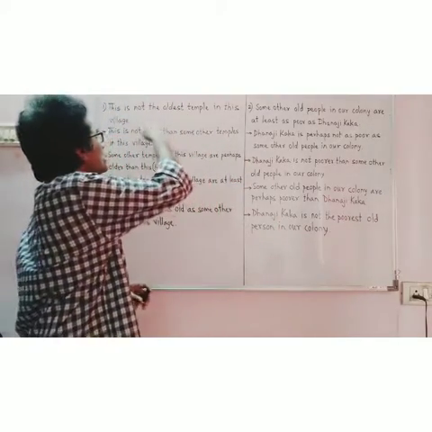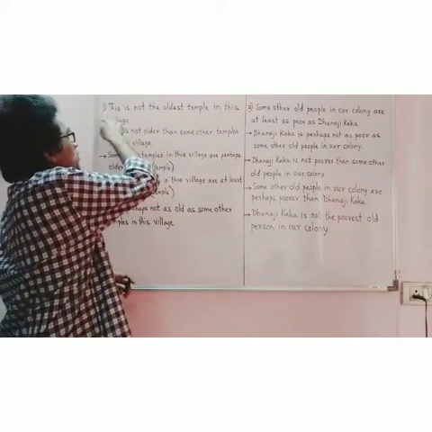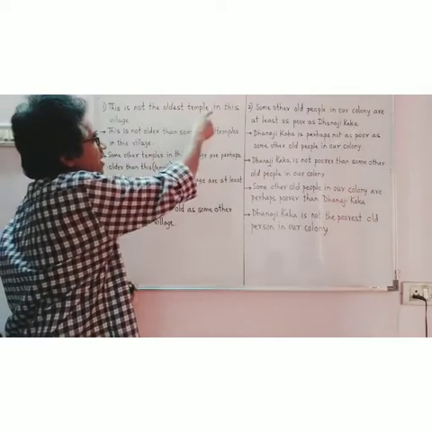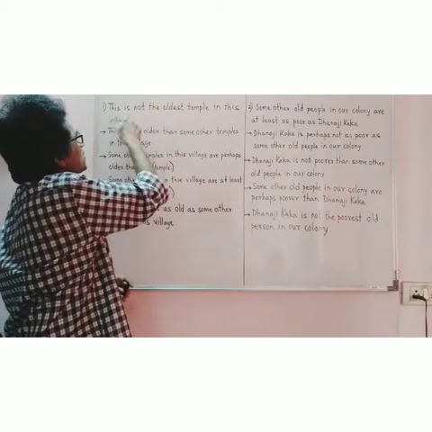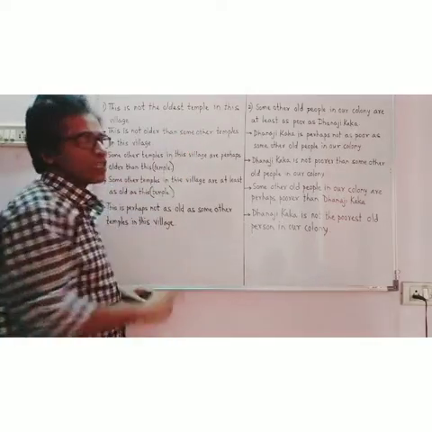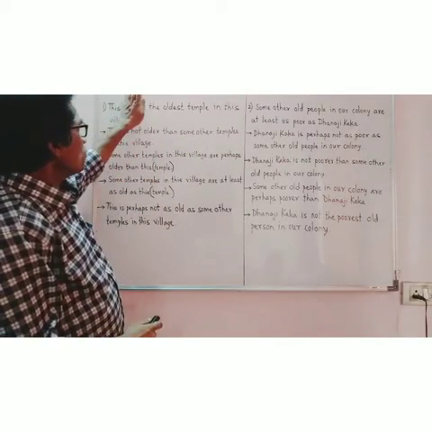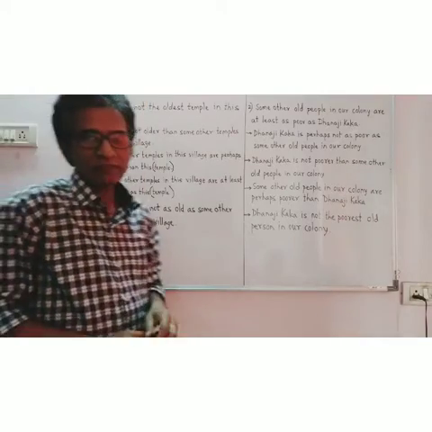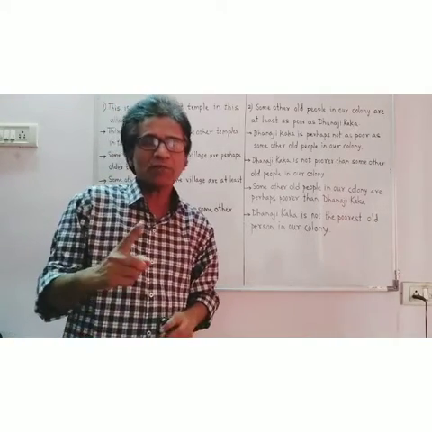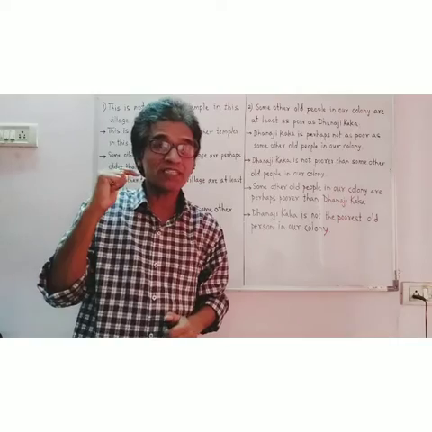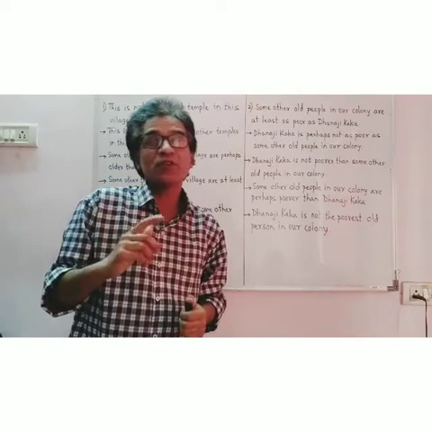So here we go. You just have a careful look at this. This is not the oldest temple in this village. If you remove not, it will become one of the previous degrees of comparison.